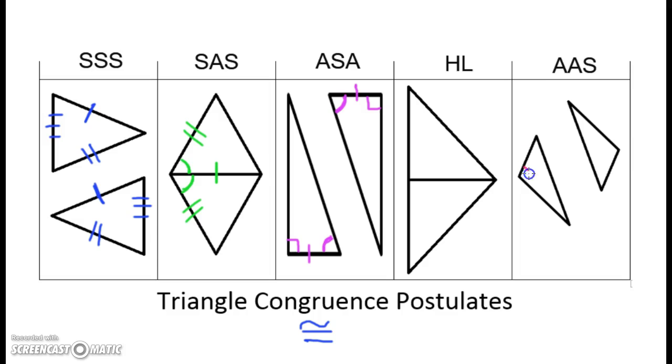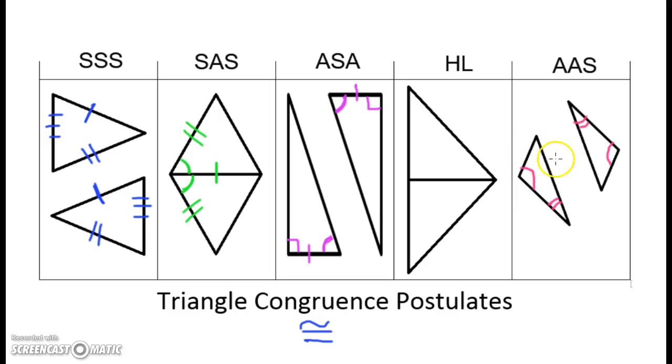So for instance, if I say this angle and this angle are congruent, and then I say this angle and this angle are congruent, if I knew this side and this side, I would say angle, side, angle.